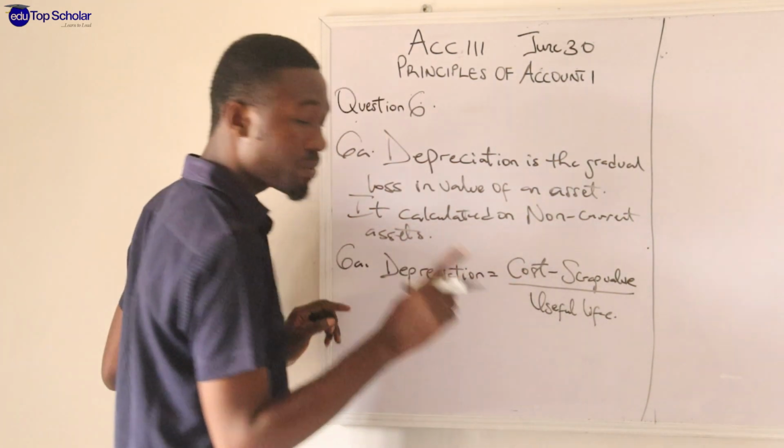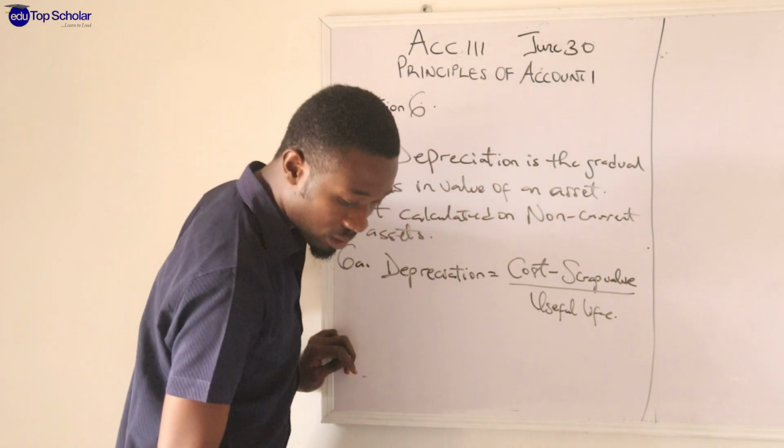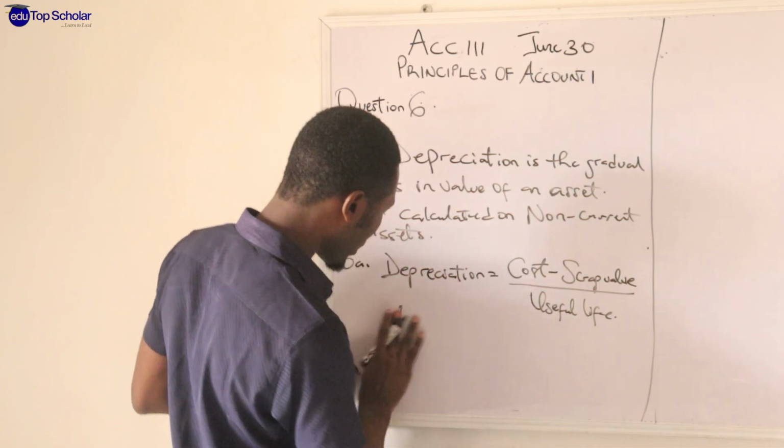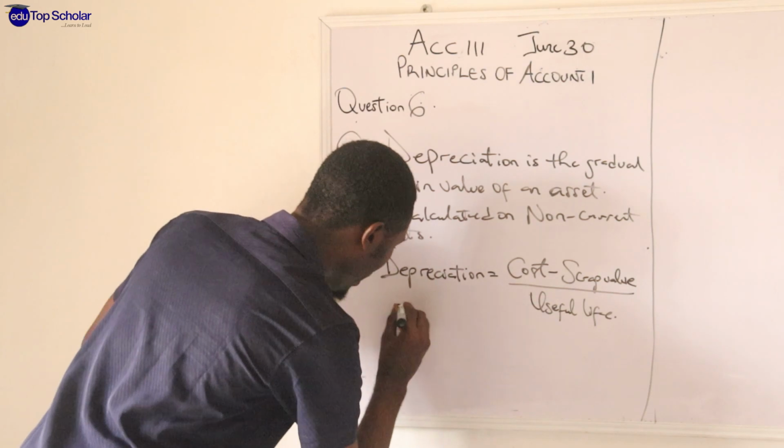So to calculate the yearly depreciation on this asset, they've given us the cost, which is 750,000 naira.